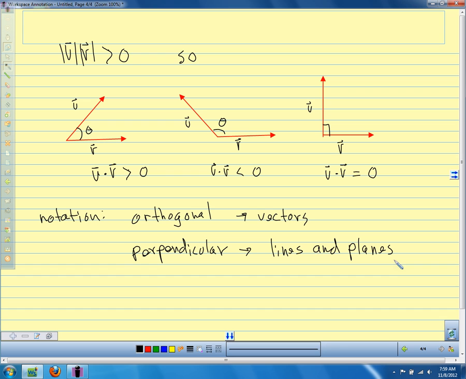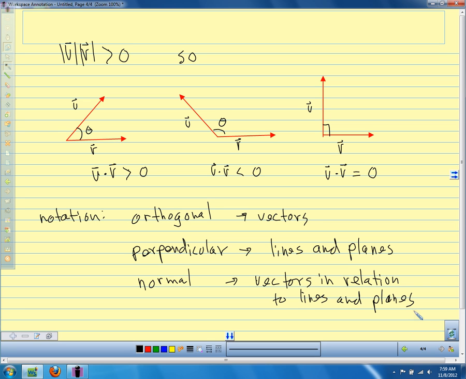And normal, we talk about normal when we refer to vectors in relation to lines and planes. So we'd say two lines are perpendicular, two planes are perpendicular, a line is perpendicular to a plane.